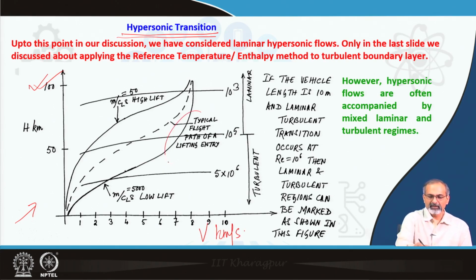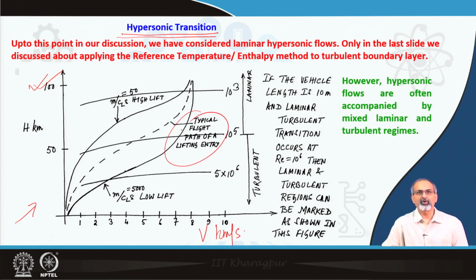And if we follow a typical flight path of a lifting entry, we were talking about values of this kind. And then if we make some assumptions that the vehicle that we are considering is about a 10-meter long vehicle, and laminar turbulent transition occurs at about Reynolds number of 1 million or so, then this vehicle will actually see mixed regimes of laminar and turbulent flow.